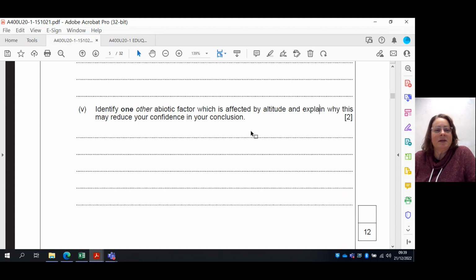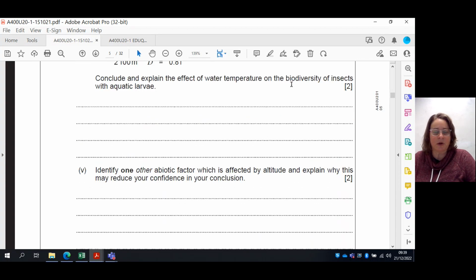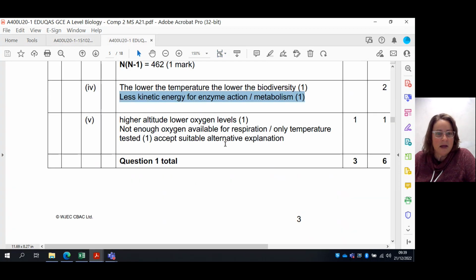And explain why this may reduce your confidence. So if you've got a second factor other than temperature that might have an impact on your biodiversity, then hold on a second, we can't be absolutely sure that it's temperature alone. So further investigations would be needed there.